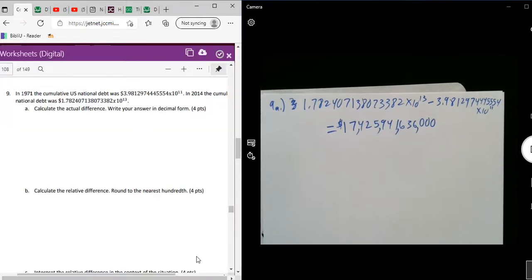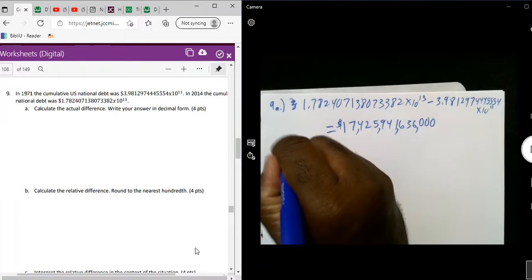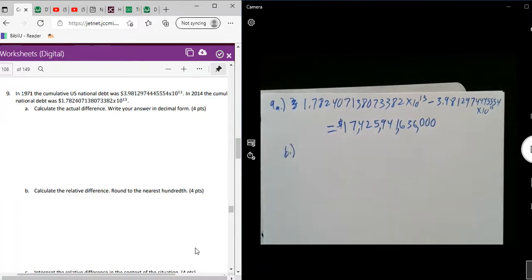Now, 9B. It says calculate the relative difference. So now with the relative difference, remember it's still the new minus the old divided by the old.